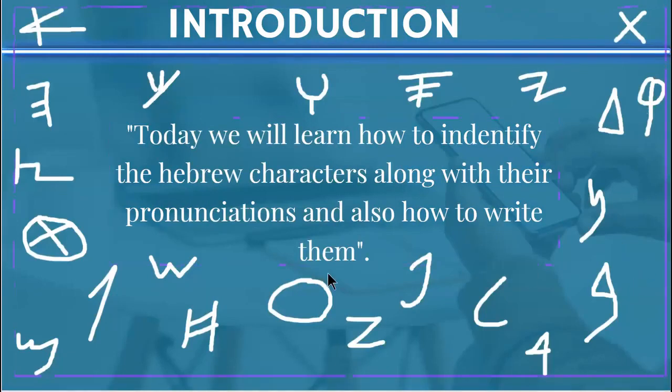It's an introduction. Today we will learn how to identify the Hebrew characters along with the pronunciations and also how to write them, because as you can see, I have the Lashon Kodash alphabets written here. We will go over how to write them. I will write them one by one so you can get an idea of how to do it, which is really simple because you can look at the Hebrew chart and learn how to write it.